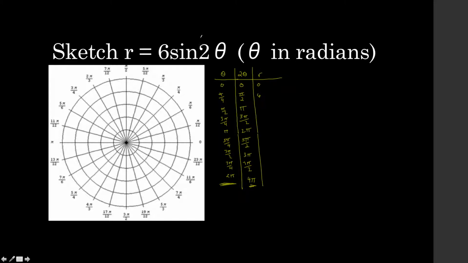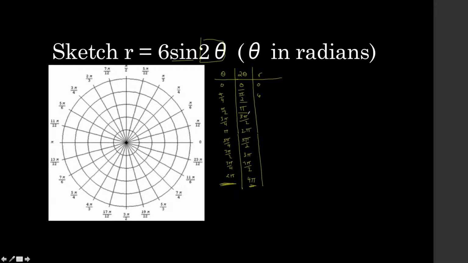Now you're not going to have to multiply times 2 here. You're just going to have to take the sine of these, because we've already figured out what 2 theta is. So you don't have to worry about 2 theta anymore. You can just take the sine and multiply by 6. So that's going to give us 6.